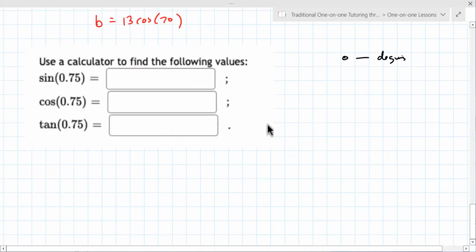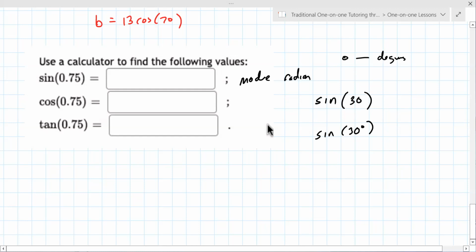If it's not there, it does not mean degrees. Even if your instructor wrote sine 30, if they don't put the degree symbol, these are not the same. It's possible they would make a mistake on a paper test, but you're supposed to say to yourself, oh, mode is radian.